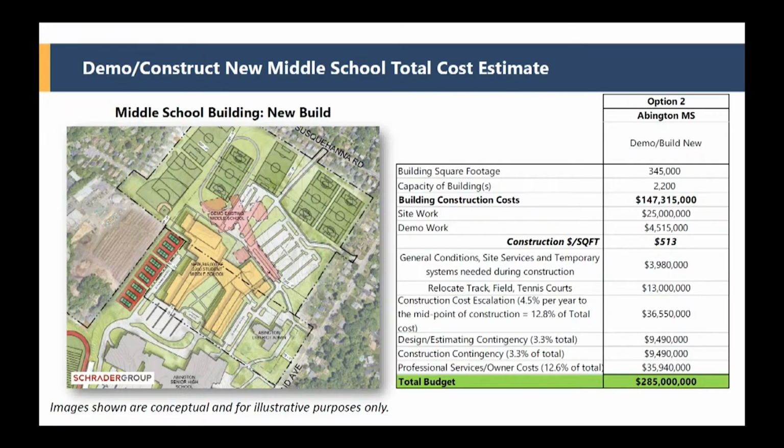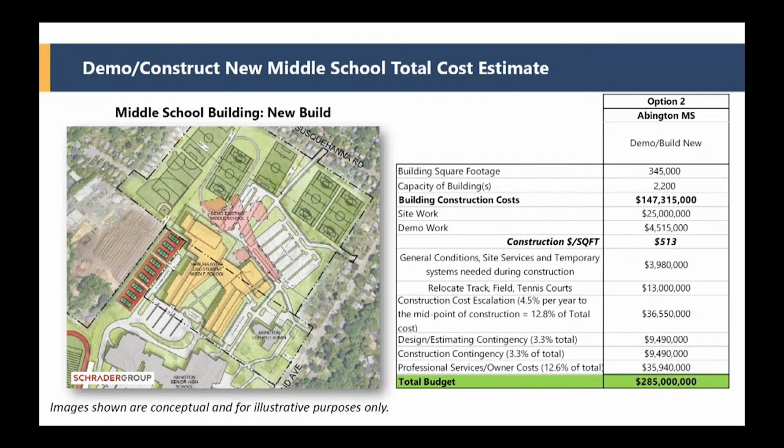And I say sites because in this case, you actually have several parcels that make up your entire piece of property. The orange merely demonstrates square footage on the site for a building, and then the attempt to separate car and bus traffic on the site to accommodate that as you begin to plan. And then, of course, trying to get all of the playing fields on that you need to have on the site as well.